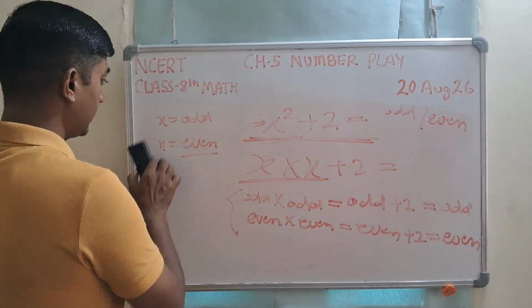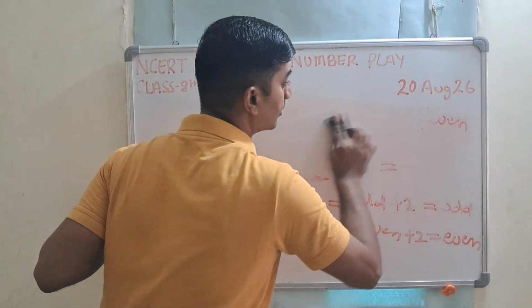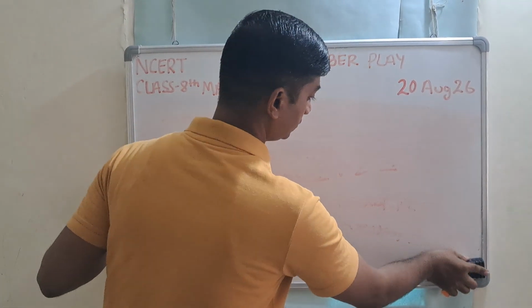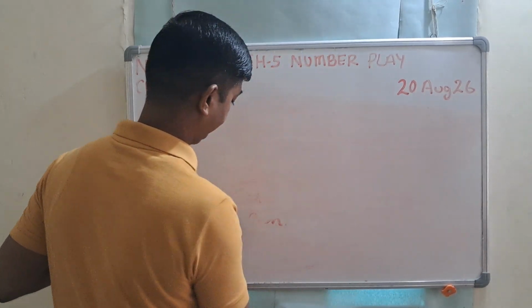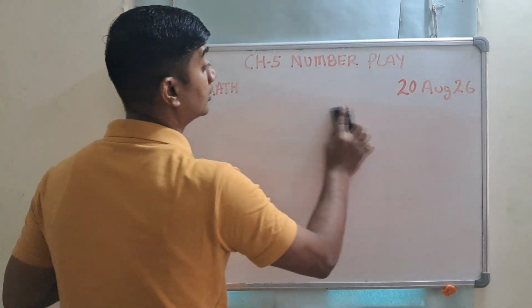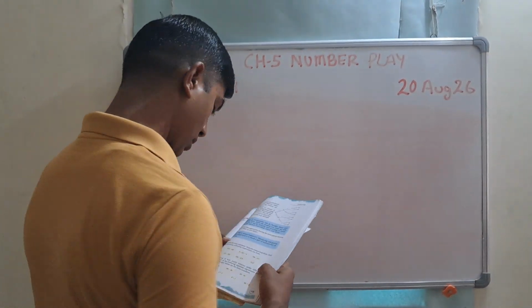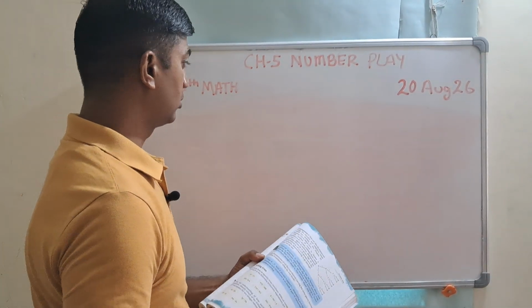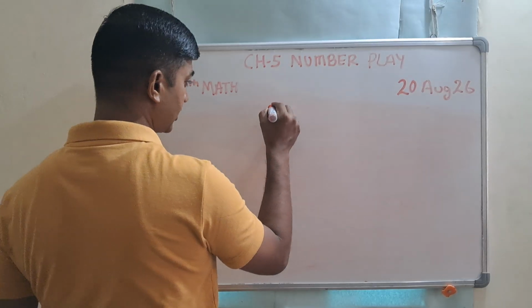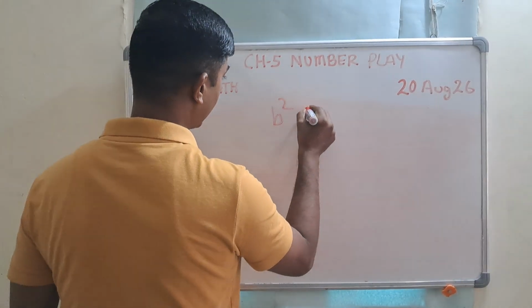Now what is the next expression that we'll see? Okay, the next one is the second last: b square plus 1.